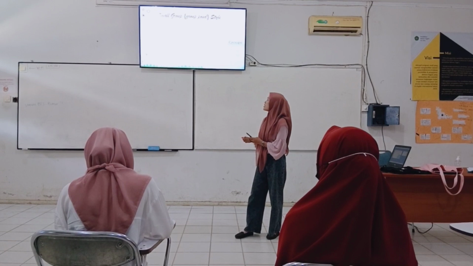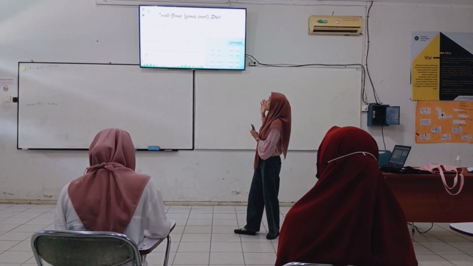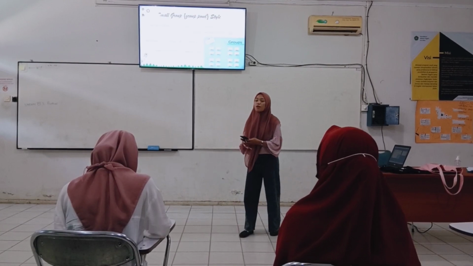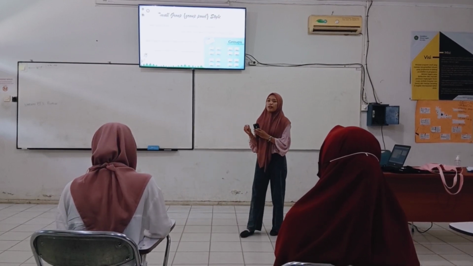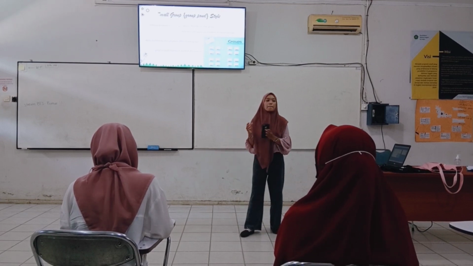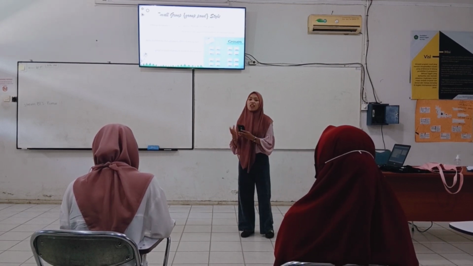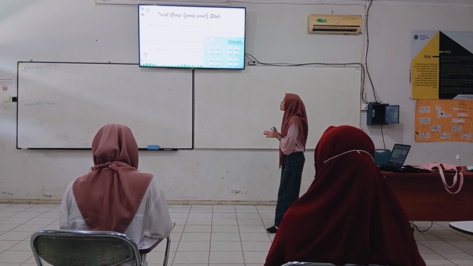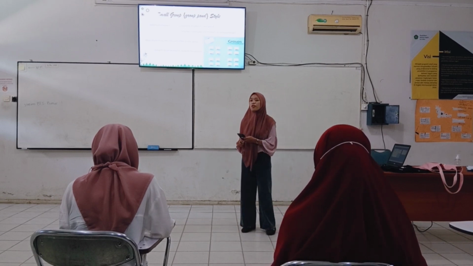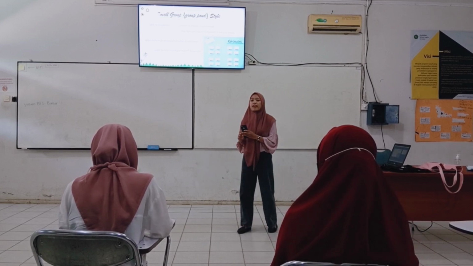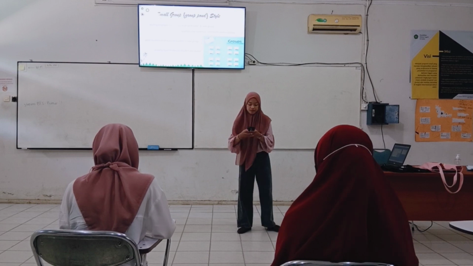But the disadvantage is that it makes the class noisy because the students discuss with each other in their groups, so the class is noisy and loud. And this small group is not available for exams because students can cheat each other.